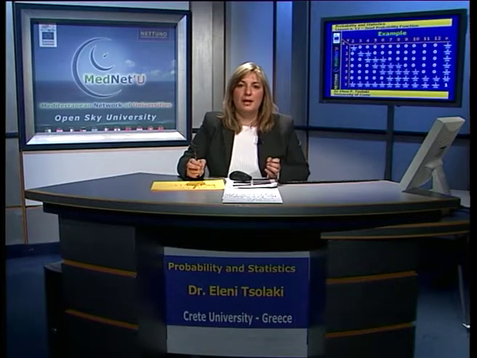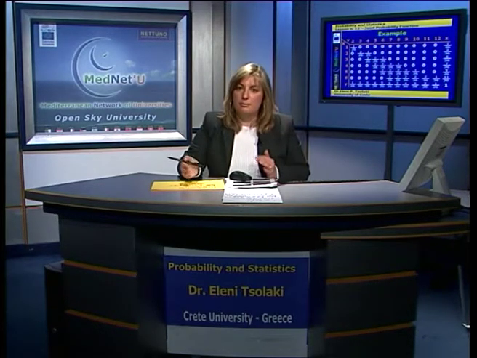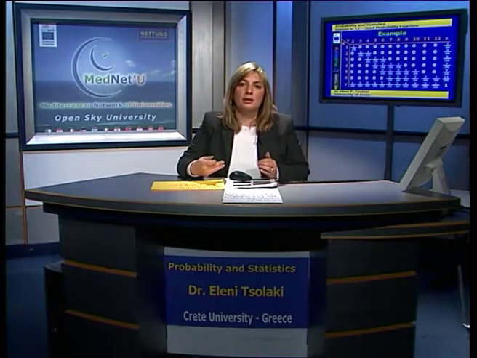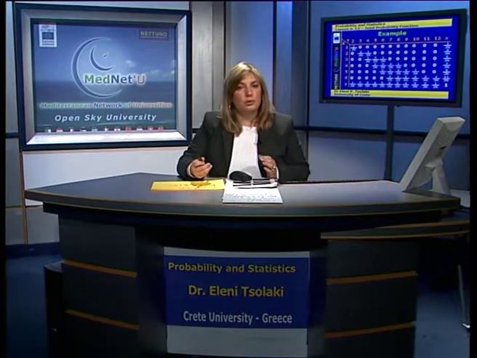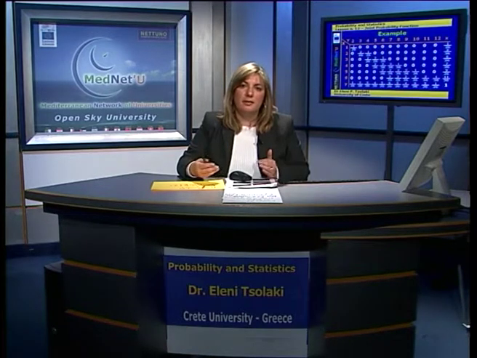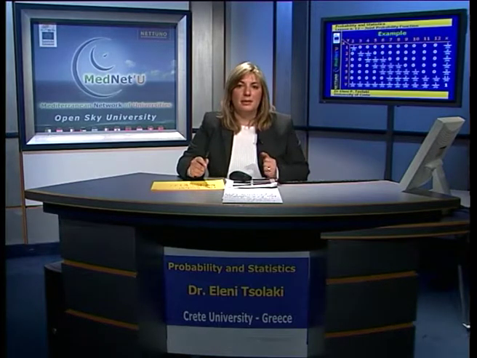But in order to find that they are independent, if we found an element for which this is true, we would have to check that it holds for every element in the table. One would not be enough, but in the case when we find that they are not independent, one element is enough to show us that the equation does not hold.